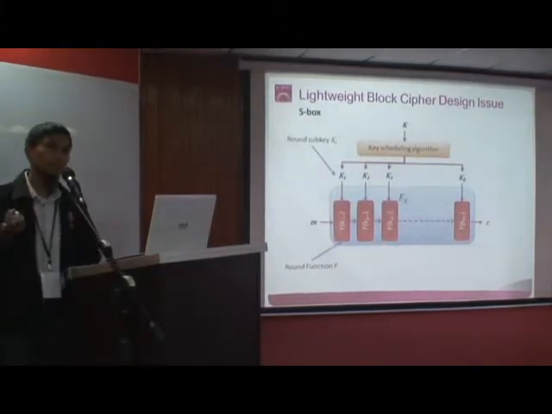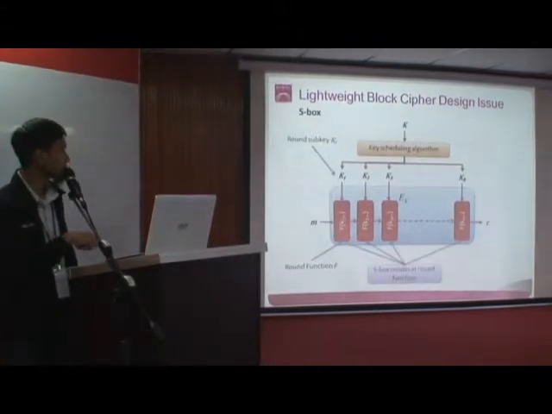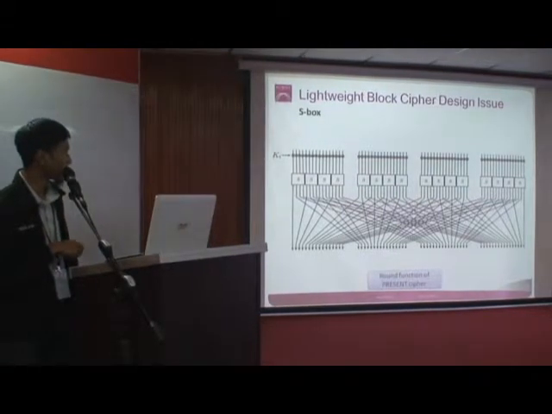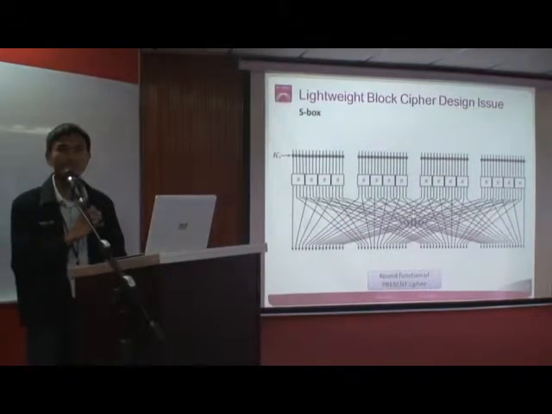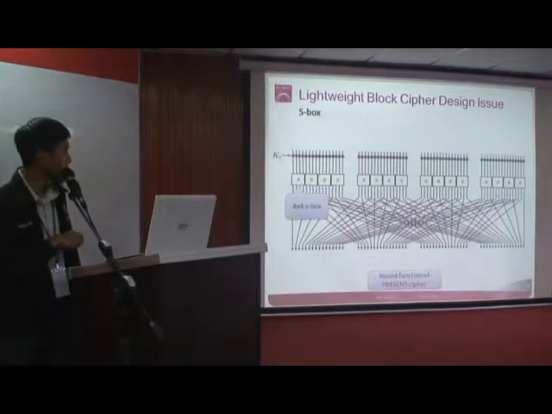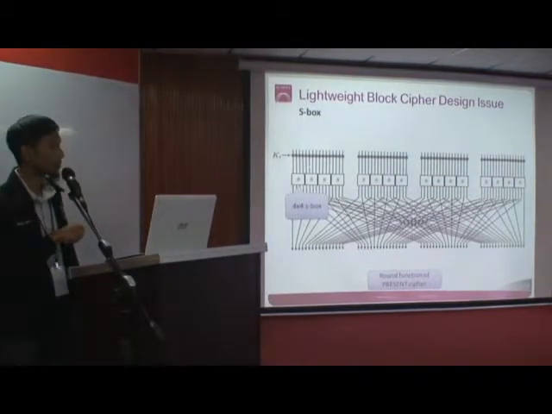So where does the S-box sit? The S-box sits inside this round function, and I've also shown you an example. Here is another example. This is actually the round function of the PRESENT block cipher. Each line represents 1 bit.